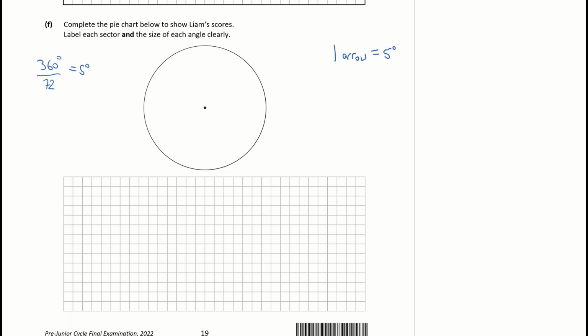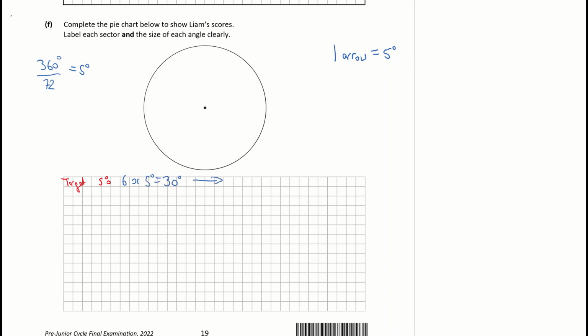And what do we know? So let's start with each target. So I'm going to start with target 5. So target 5 was hit, was it 6 times? It was. So I could just go 6 arrows multiplied by 5 degrees, which would get me 30 degrees.